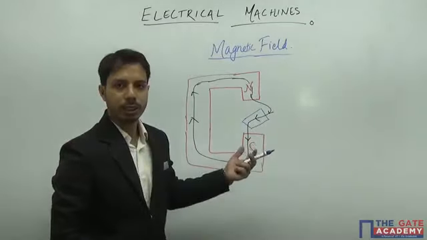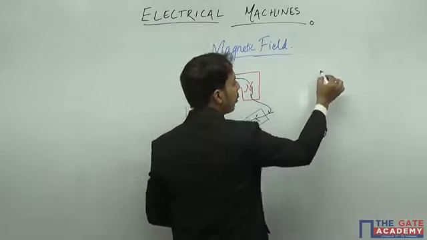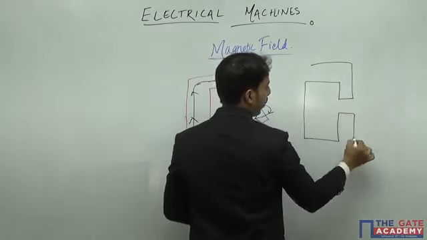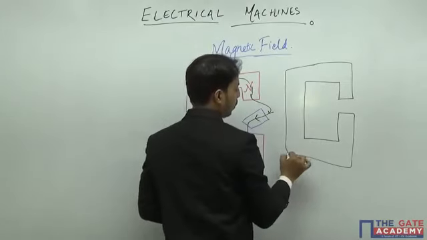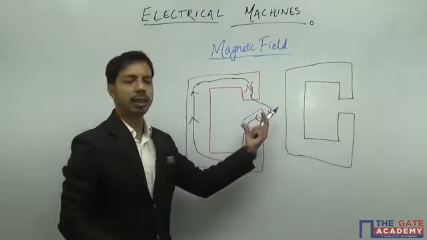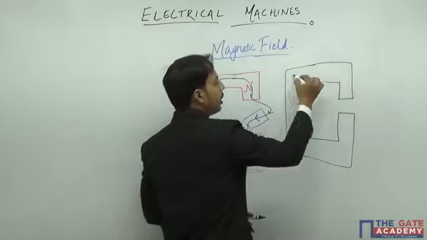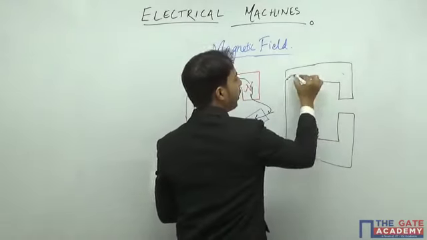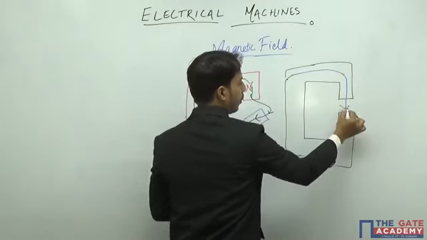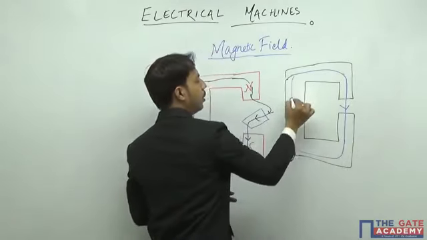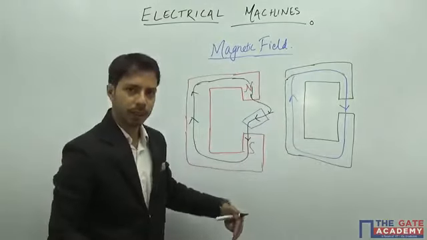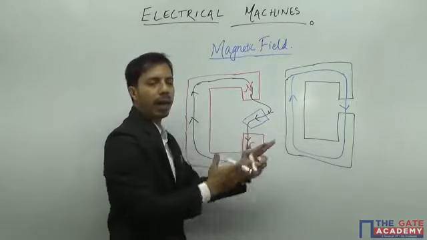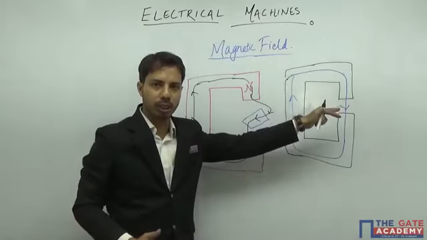Now if there was nothing here, the flux would have flowed in this particular path. So this flux will try to come back to this normal position.